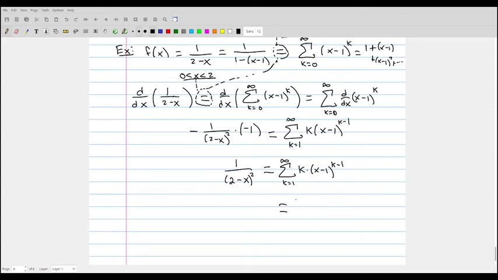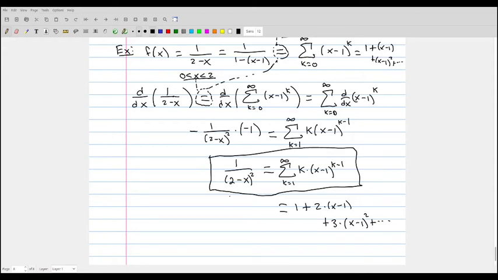Or it'll be 1 plus 2 times (x minus 1) plus 3 times (x minus 1) squared, and so on and so forth. So we've just proven this using this differentiation theorem. And this equality is only valid when x is between 0 and 2, because this theorem only works if you're inside the radius of convergence.